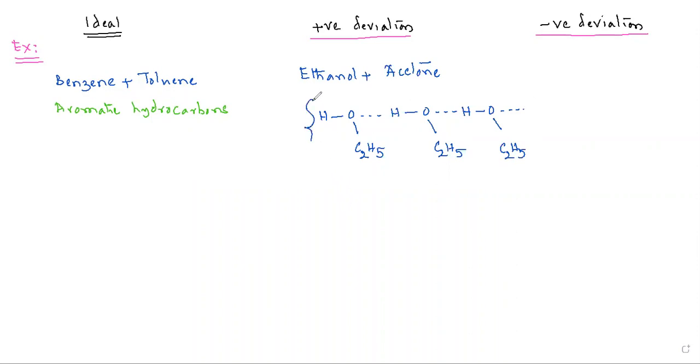This is in the case of pure ethanol. But when acetone is added, it actually disturbs the hydrogen bonds, and it in fact weakens the attractions between the molecules of ethyl alcohol.